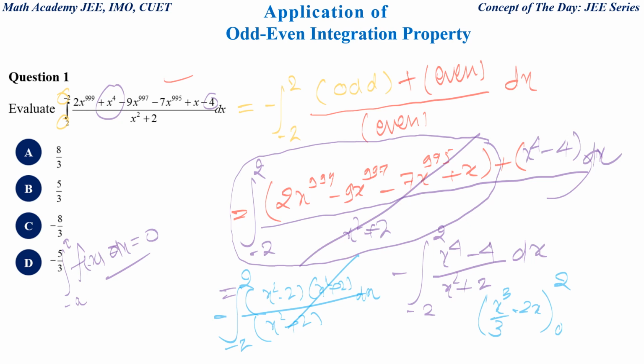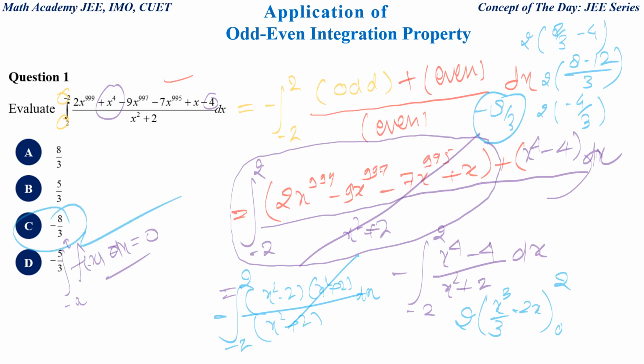Then it will be 2 times the integral from 0 to 2. So the whole integration will convert into 2 times 8 by 3 minus 4, which is 2 times minus 4 divided by 3, so it will be minus 8 by 3. Our answer will be minus 8 by 3.